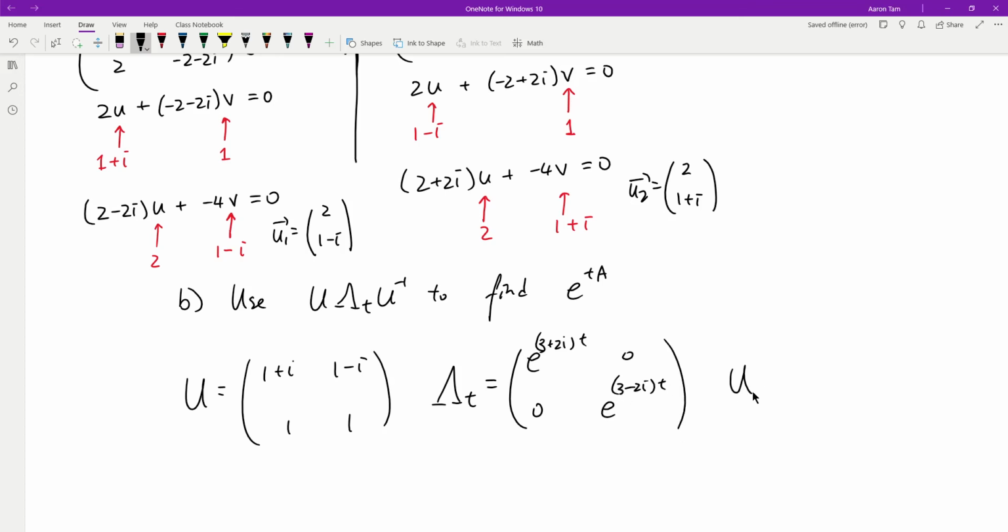And now u inverse, now this is a little tricky, so that would be 1 over 1 plus i times 1 minus 1 minus i, so minus 1 plus i, and then multiply by the matrix, so a and d flip, so it becomes d. These two negate, so negative b, negative c, and this is a.